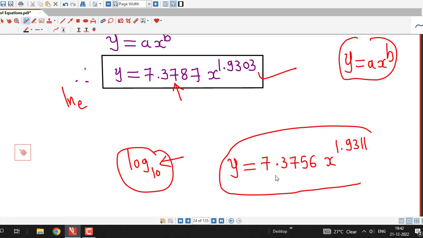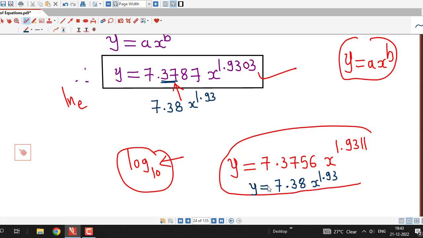If you compare these values, here I have 7.37. If I round off up to 2 decimal places, then this is 7.38 x raised to 1.93, and if you round off this up to 2 decimal places, here also you have 7.38 x to the power 1.93.